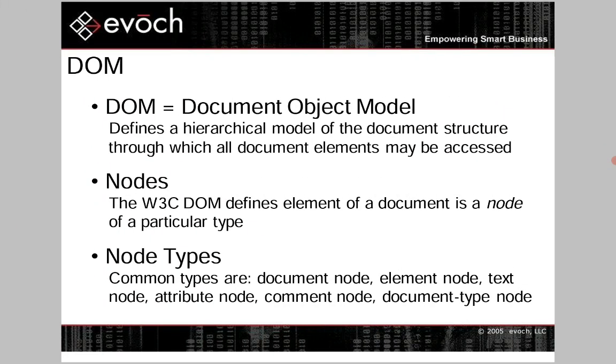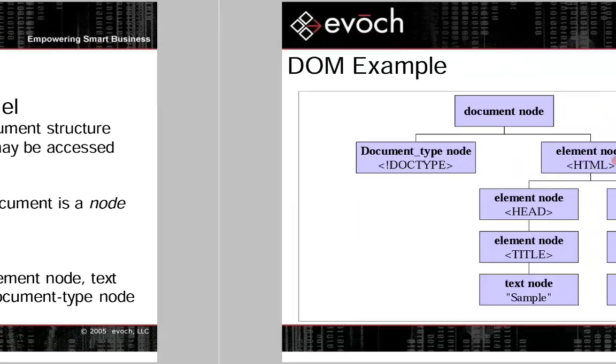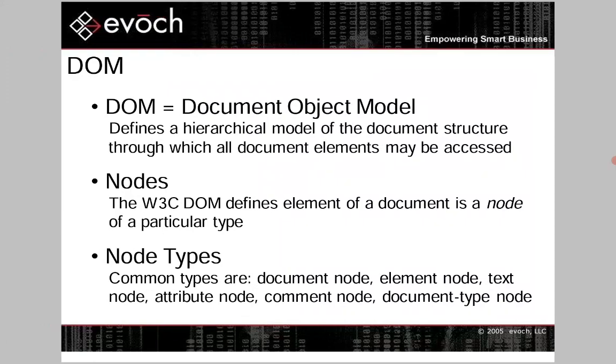Next, DOM, which we also already discussed in the previous PPT. What is DOM? DOM is the document object model, which defines a hierarchical model of the document structure through which all document elements may be accessed.